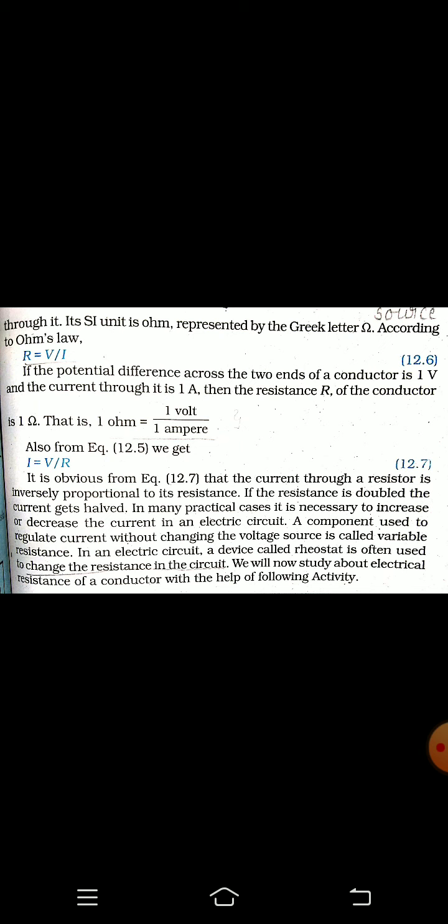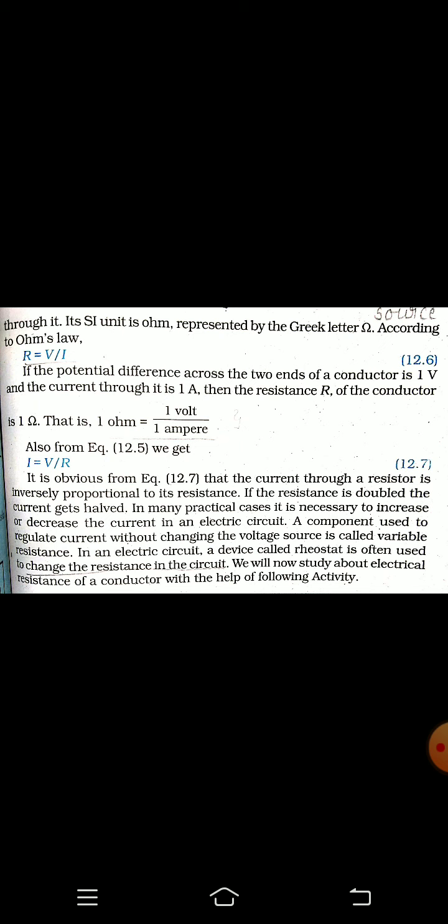If I increases, R decreases. If I decreases, R increases. So if the resistance R is doubled, then the current will be half. If we take it as 2R, then the current becomes I by 2.